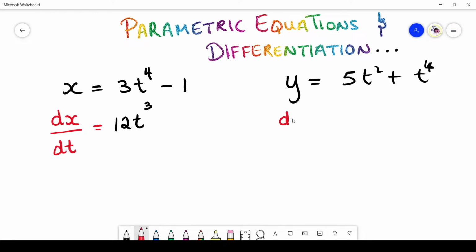Similarly, we would go across to our second equation, and we can see clearly that we are differentiating y with respect to t. Using our standard differential rules, we will multiply that coefficient 5 by our power to get 10. We will rewrite that variable t and reduce the power of 2 to 1.